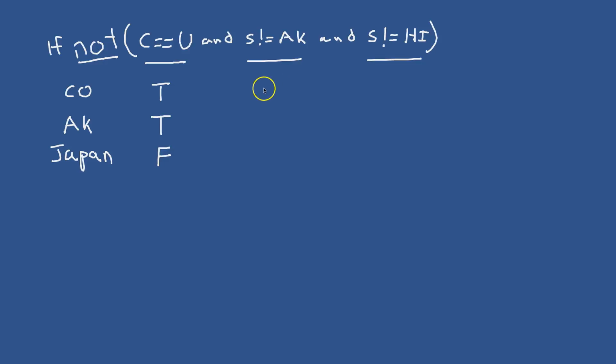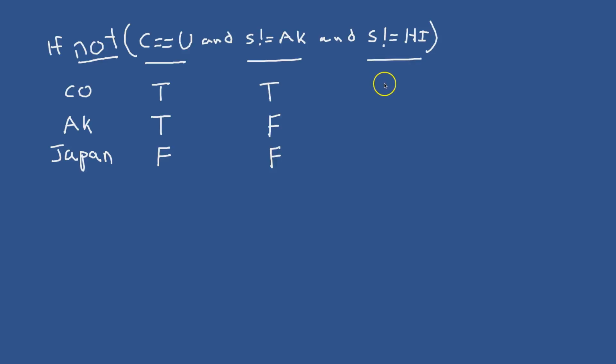So how about Alaska? Is Colorado not equal to Alaska? Well, it's true that Colorado is not equal to Alaska. Alaska is Alaska, so it is false that Alaska is not equal to Alaska. And Japan is clearly not equal to Alaska. All right, and what about Hawaii?